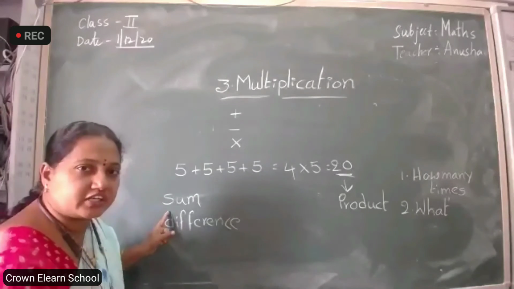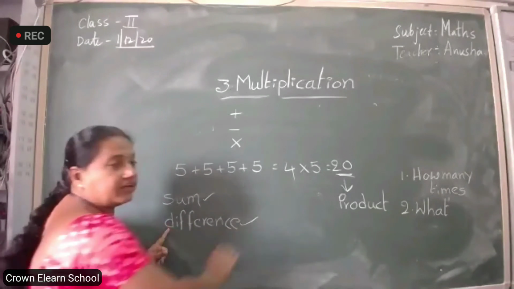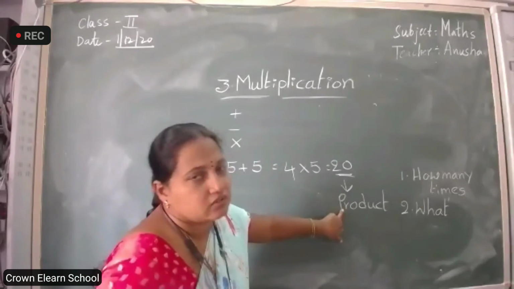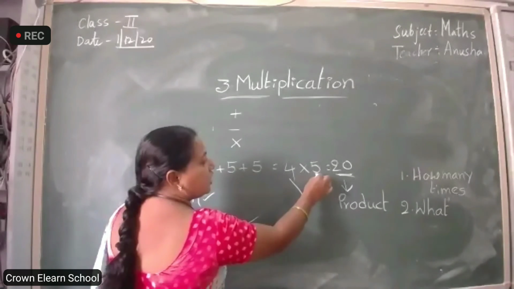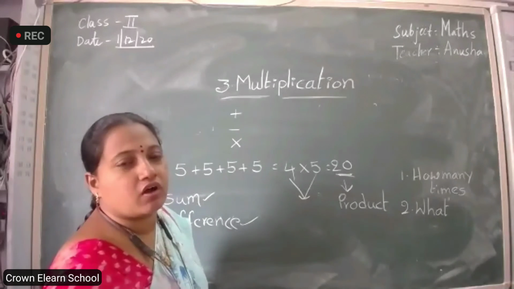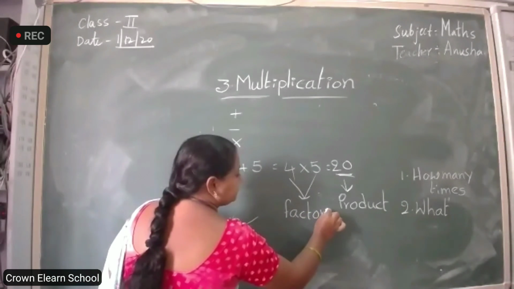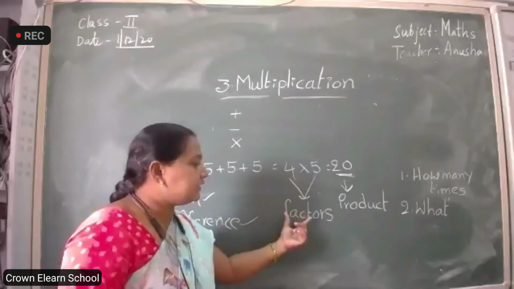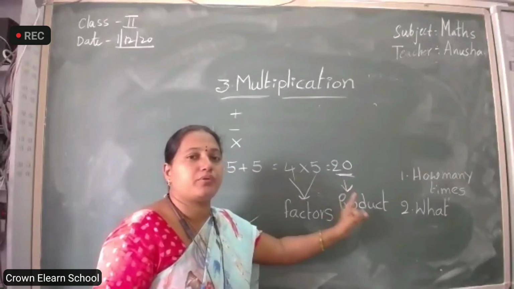And here these 2 numbers, the numbers we are multiplying, are called factors. What we call? Factors. Answer in the multiplication is called product.